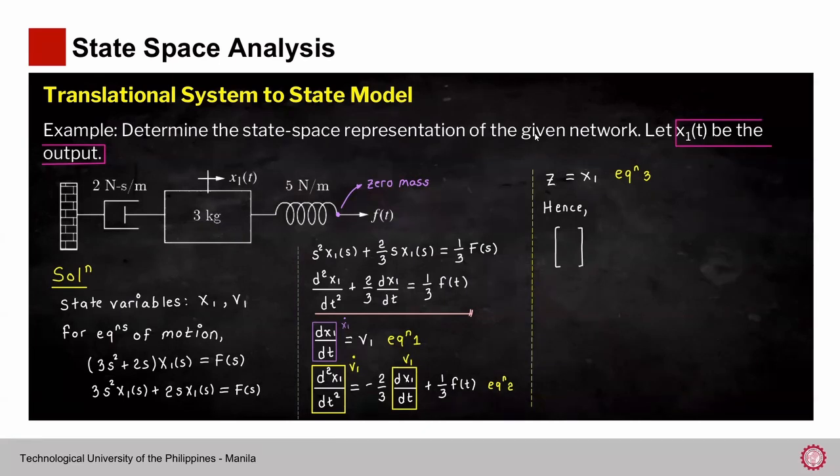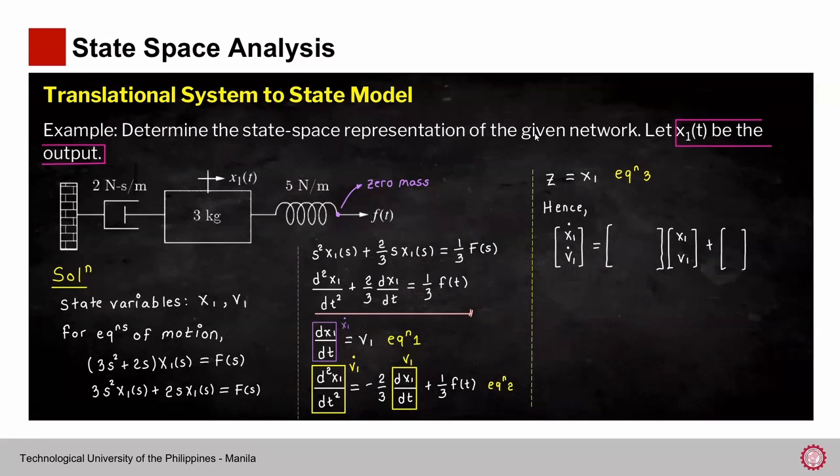As we said, we need to get the derivative of the state variables first. So x1 dot, v1 dot equals the state matrix, multiplied by the state variables, which are x1 and v1. Sir, is it always x1 and v1 for translational systems? Yes. Plus the input.